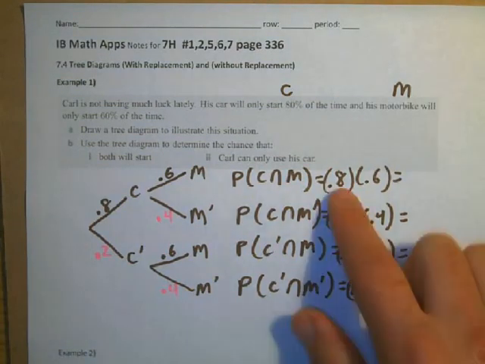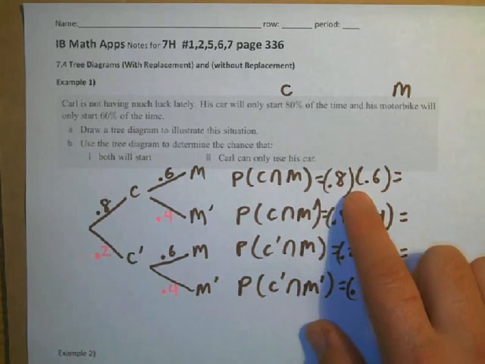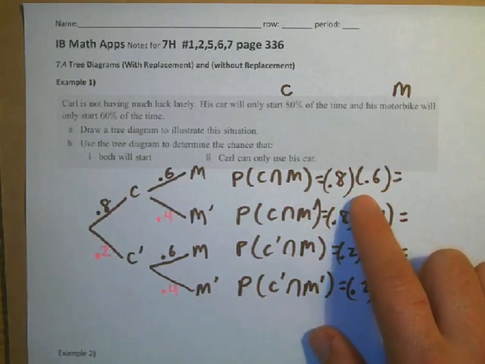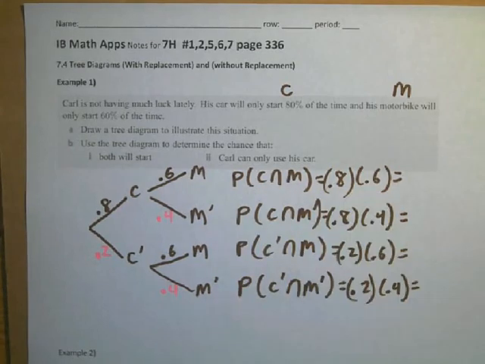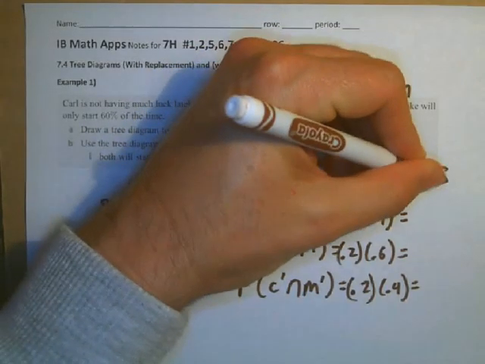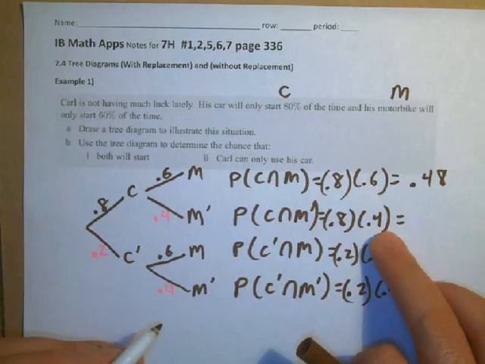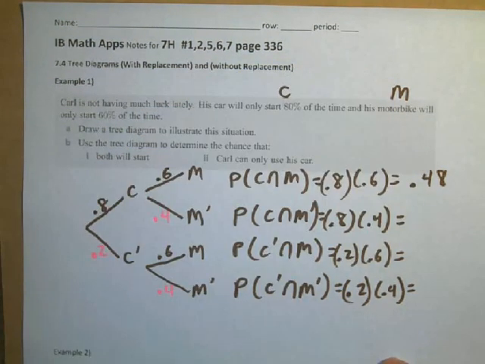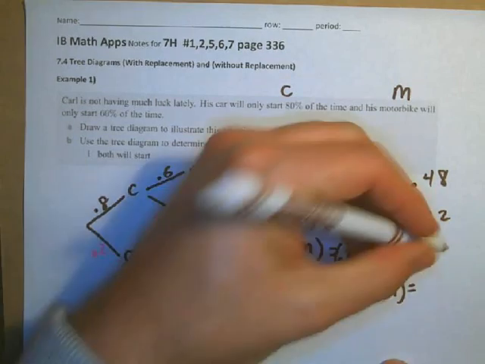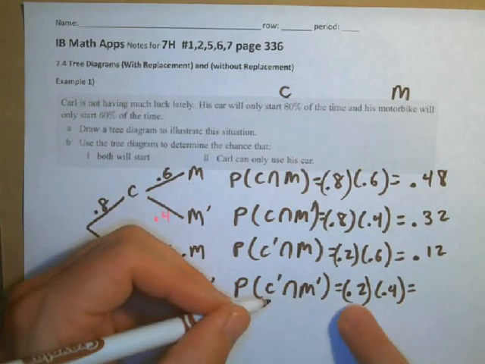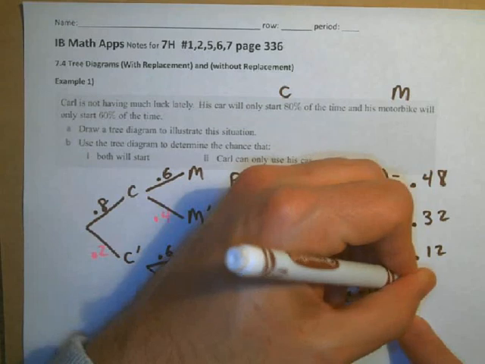And so we've got 8 times 6, we get 0.48. 8 times 4, and we get 32, 0.32. 2 times 6, we get 0.12, and 0.2 times 0.4, we get 0.08.